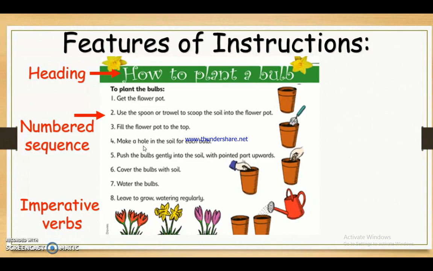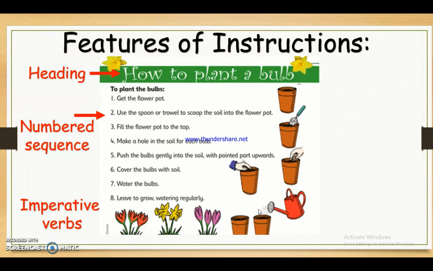Number four, make a hole in the soil for each bulb, and then push the bulb gently into the soil. He's giving you the instructions. Cover the bulbs with soil and water the bulbs, which means to put water inside, and then leave to grow, watering regularly. So we need here a pot, a spade, seeds, and some water.